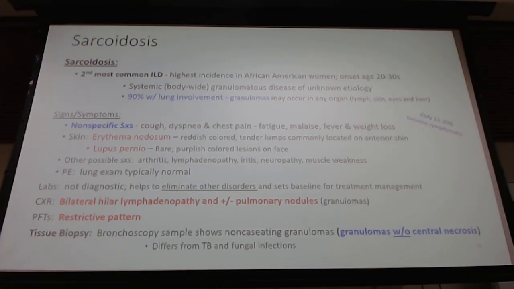For sarcoidosis, it's typically a 20 to 30-year-old woman of African American descent. So there is ethnic predisposition, usually occurs in young females, but when I show you the picture at the end, you will see that it crosses all genders, and it crosses ethnicities.